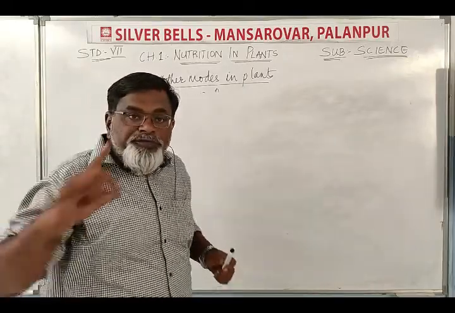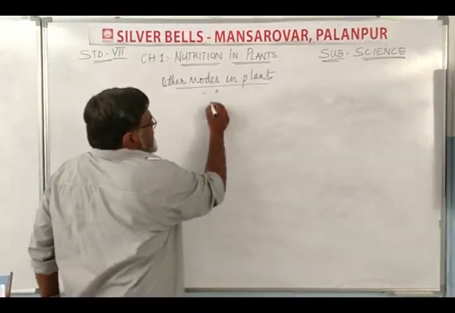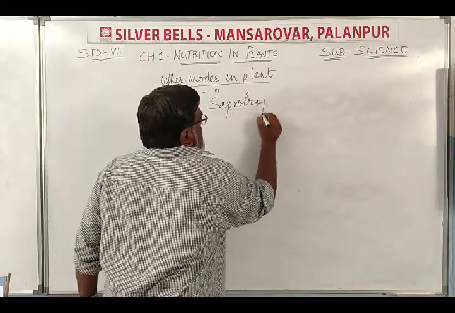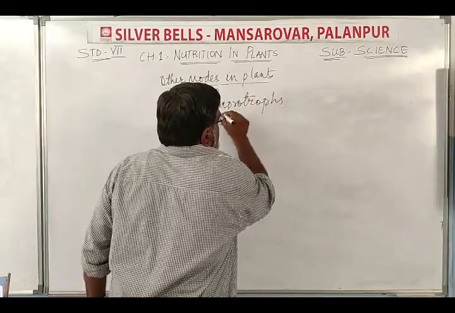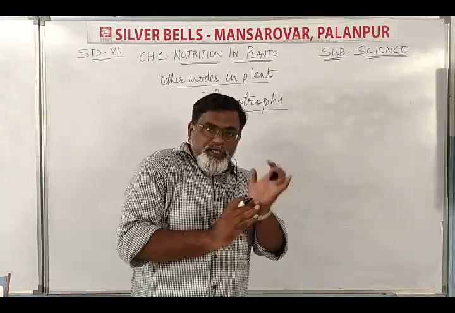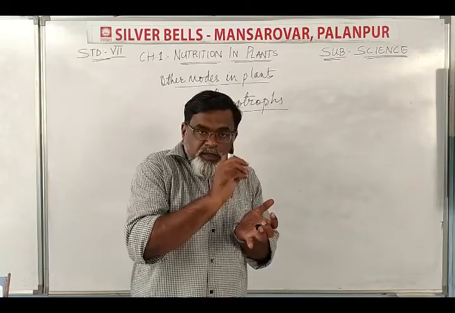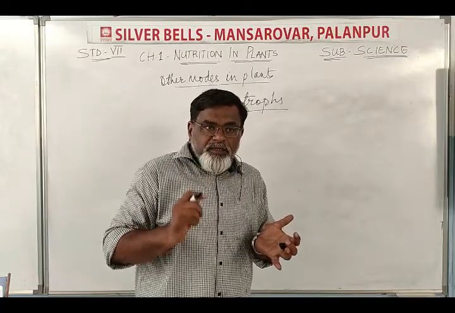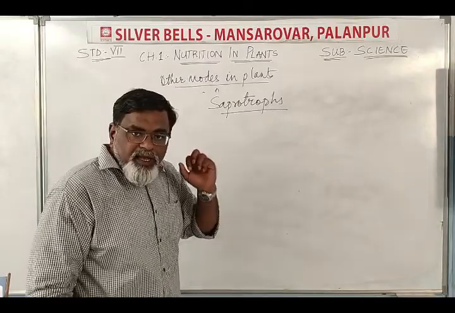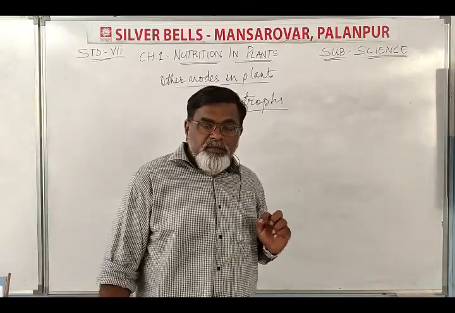अब saprotroph किसको बोलते हैं? ब्रेड देखा हमने, ब्रेड जब 2-3 दिन हो जाता है उसके ऊपर काले काले दाग हो जाते हैं, so that's their algae. मशरूम्स हमने खाए हुए हैं. मशरूम्स कहाँ पर उगते हैं?